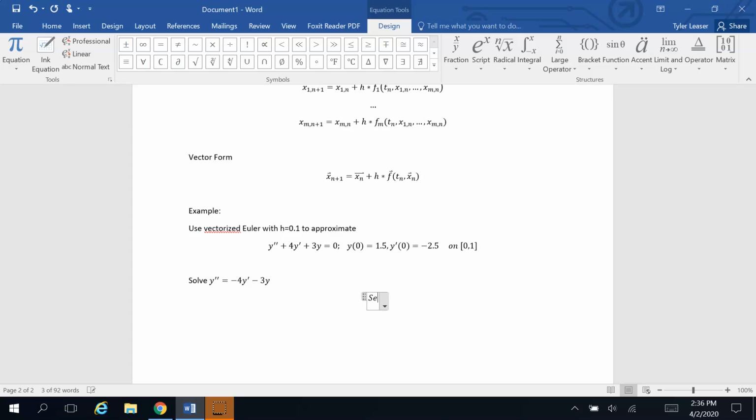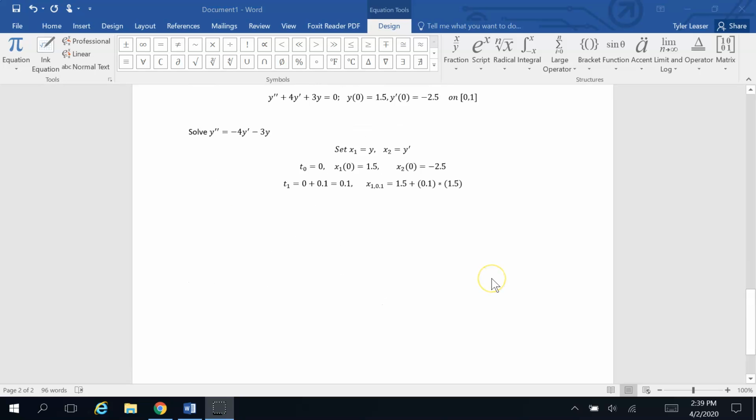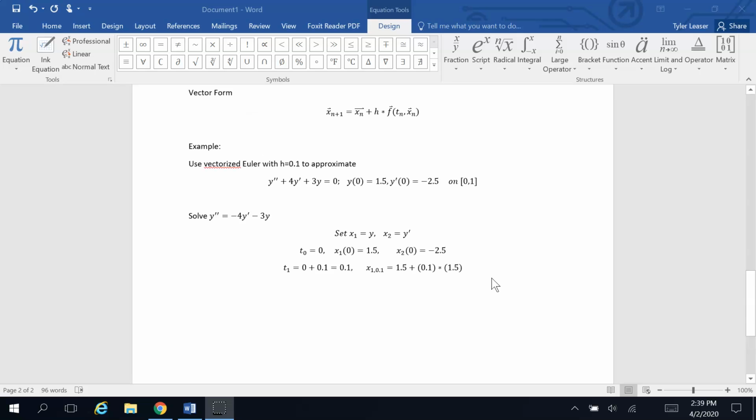This is now when you want to set your x variables. We're setting x sub 1 to be equal to y, and x sub 2 to be equal to y prime.